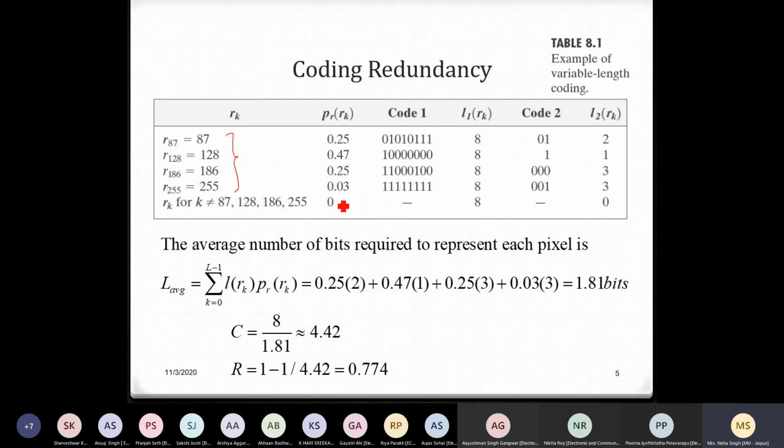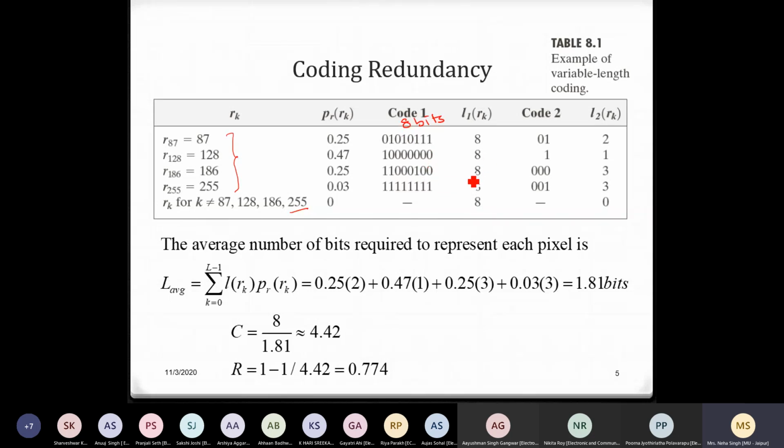The probability is 0. This gives me the probability of occurrence of these gray levels. Since none of the other gray levels exist, the probability becomes 0. But still I have 256 gray levels, so I should be using 8 bits. So for transmitting these four values, I require these many bits.